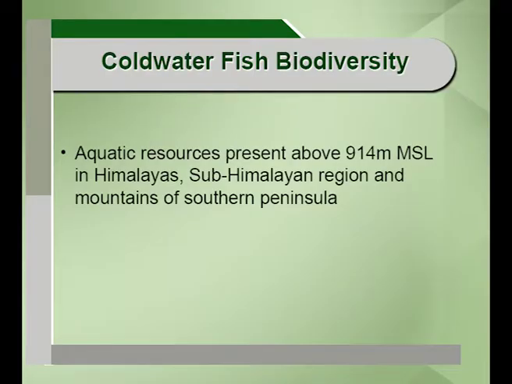The temperature varies between 0 and 20 degrees centigrade, but the optimum temperature is 10 to 12 degrees centigrade. This is a very important climatic factor, because it decides the distribution of cold water species, their biology, and the ecology of the fish population thriving in cold waters.